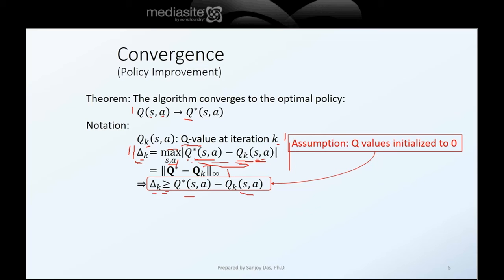So this term in the right-hand side is always positive. That's why we don't need this absolute value here. So this is what we have. And this implies that Q K (S, A) is greater than or equal to Q star (S, A) minus delta K.